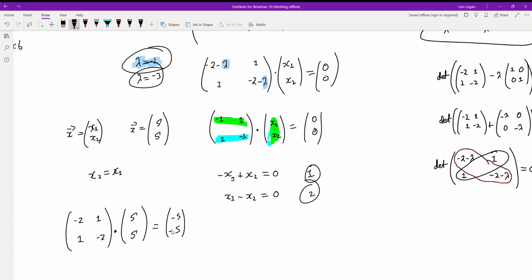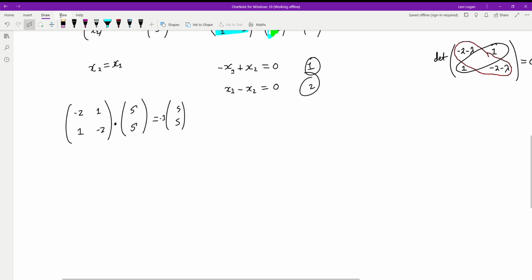Now, if you take out a common factor of -1, that's your eigenvalue. So what you have been given is an infinite number of eigenvectors, where the vector has to be in the form k, k, where k can be any real number, okay? So your first eigenvector, with the eigenvalue -1, takes on this form.